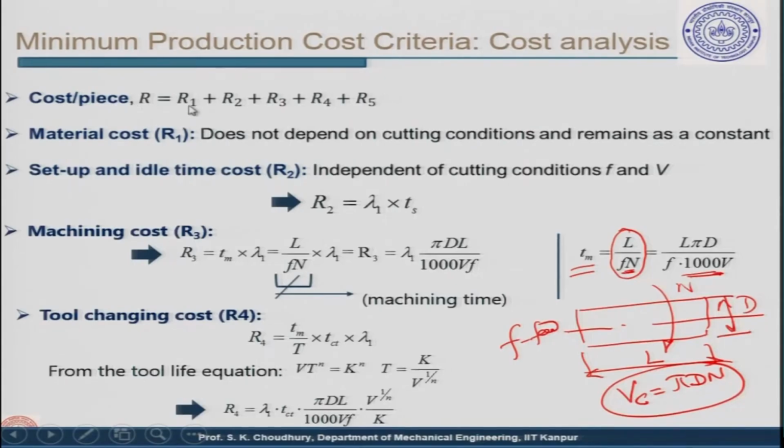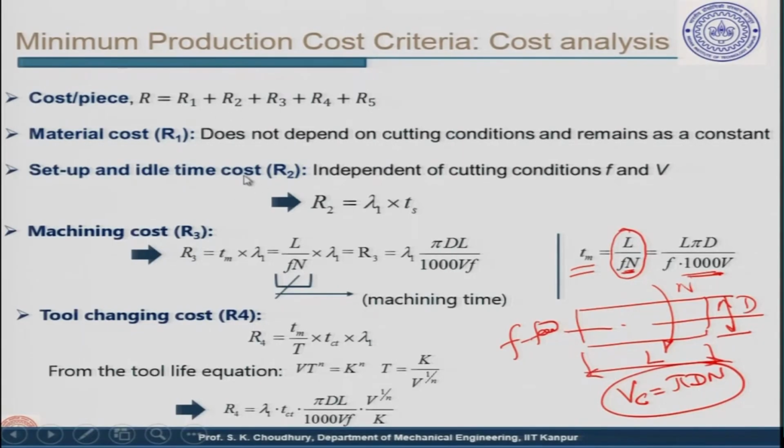Here the material cost R1 and the setup and idle time cost per piece are not actually dependent on the cutting parameters like speed, feed or depth of cut. Okay. So, they remain independent of the cutting parameters, all right.